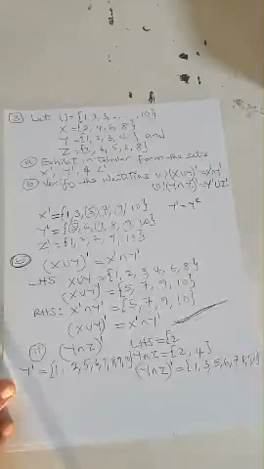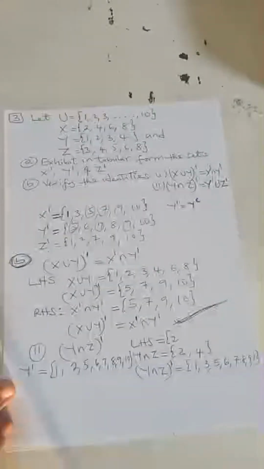So that's Y prime union Z prime. We combine it, we have 1, 2, 5, 6, 7, 8, 9, 10.